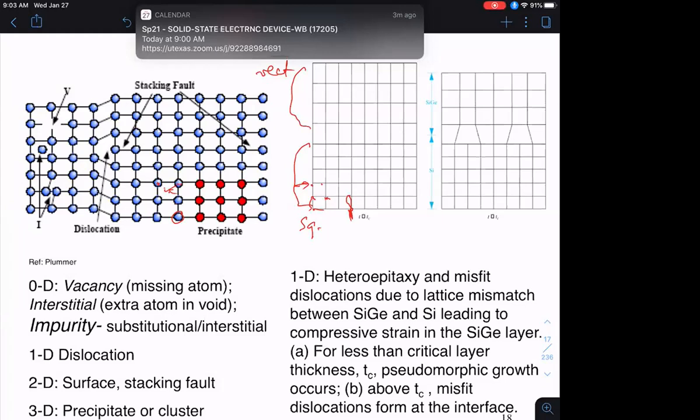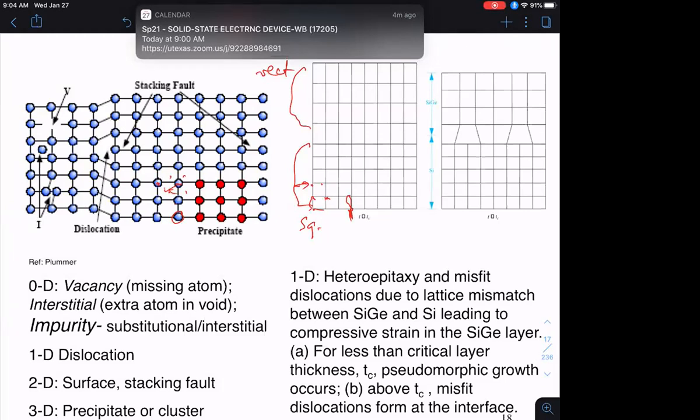Because, say, this lattice point is shared amongst 4 neighboring squares. Okay, so 4 times 1/4 means I have only 1 lattice point. And then if the basis happens to be 1 atom, as shown over here, multiply that by 1, so I only have 1 atom per unit cell.